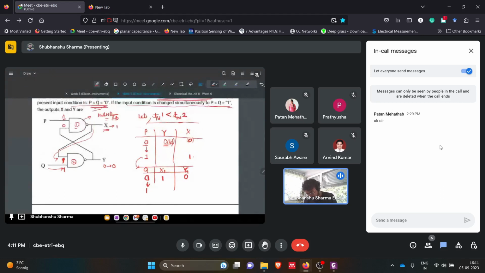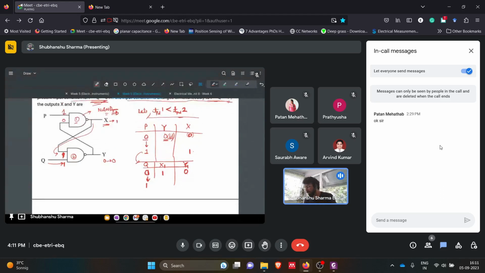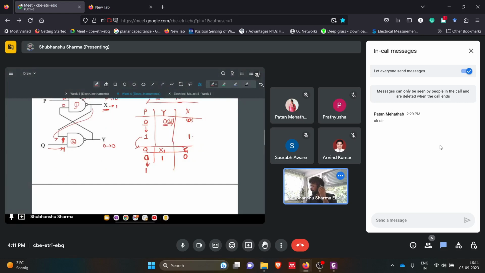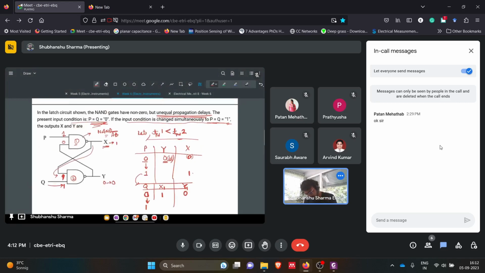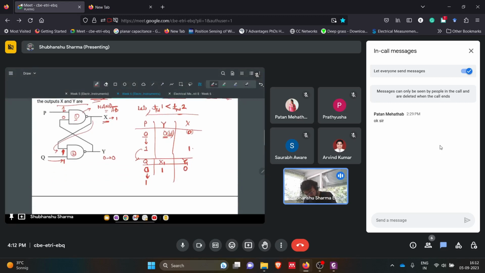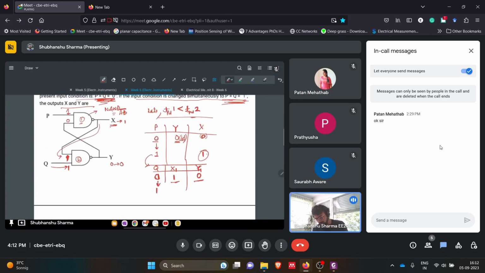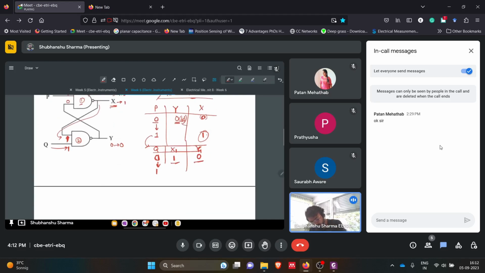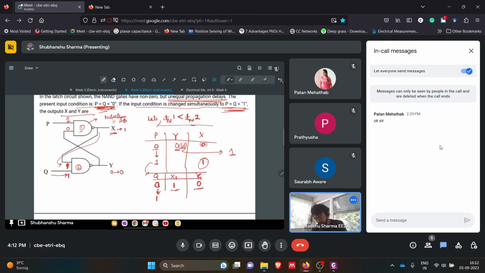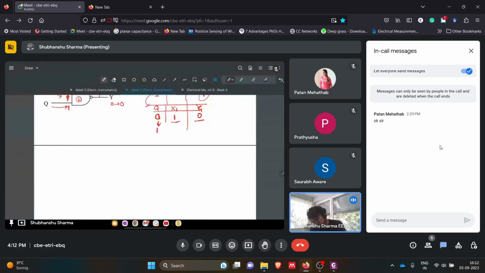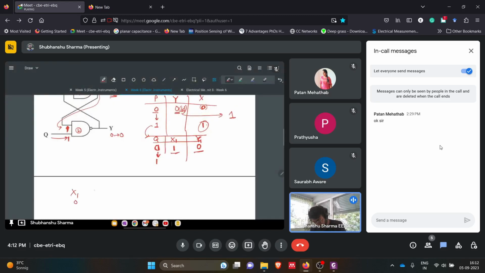So what we observed: the output became 1 for x and y1 becomes 0 when we changed the state of p and q from 0 to 1. And if we would have done this the other way around, like let's say we would have observed this as 1 for the initial condition, then from this state x1 was 0, y1 was 0.